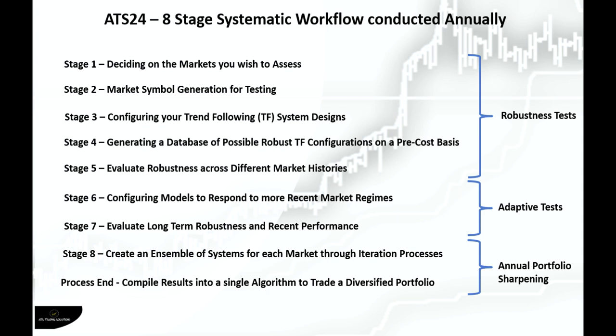But once you've become familiar with this 8-step process, then the task of compiling your own diversified systematic trend following portfolios is far simpler and less time consuming than what you will find using alternate third-party software.